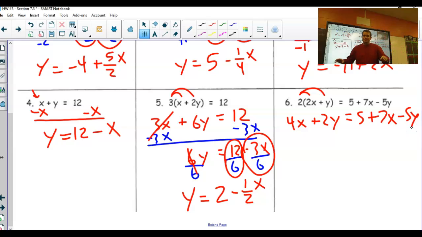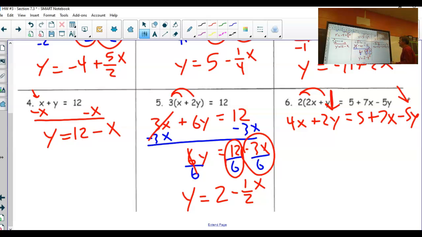All right, now, we didn't go over one like this in the notes, but here's the thing. There is a y term on both sides of the problem. And if I am solving for y, I need those terms to be on the same side. I need to gather all the y's on one side.